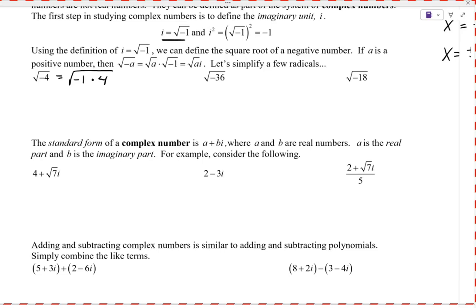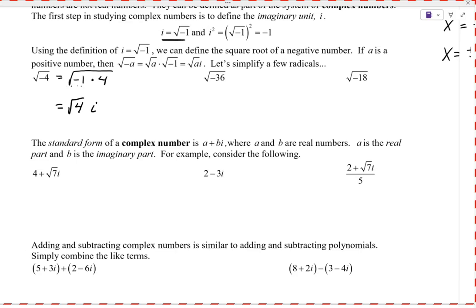When I simplify this part with this -1 being under the radical, the very first step should always be make that negative and put an i instead. Because remember, square root of -1 is the same thing as i. So when I'm taking care of this square root of -1, we replace it with an i.